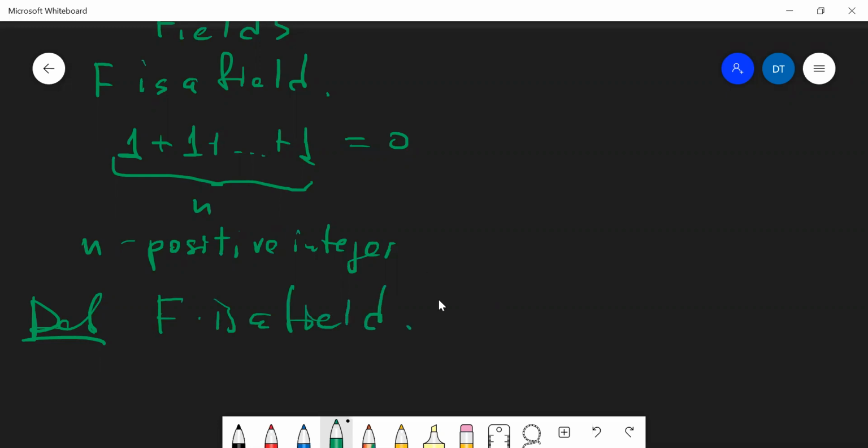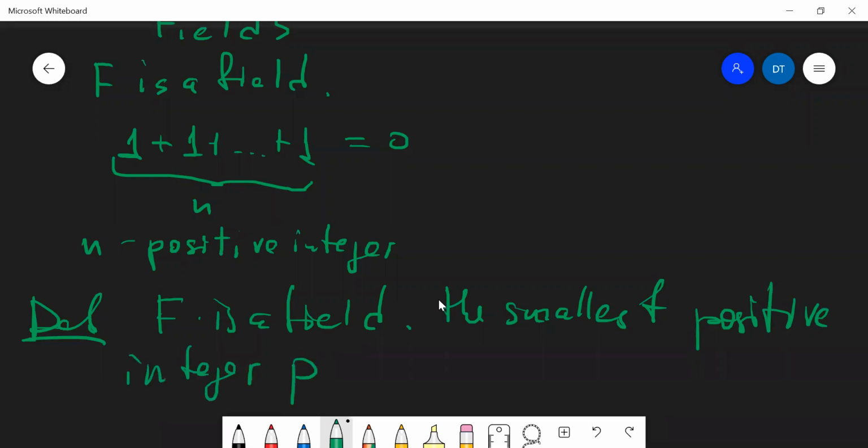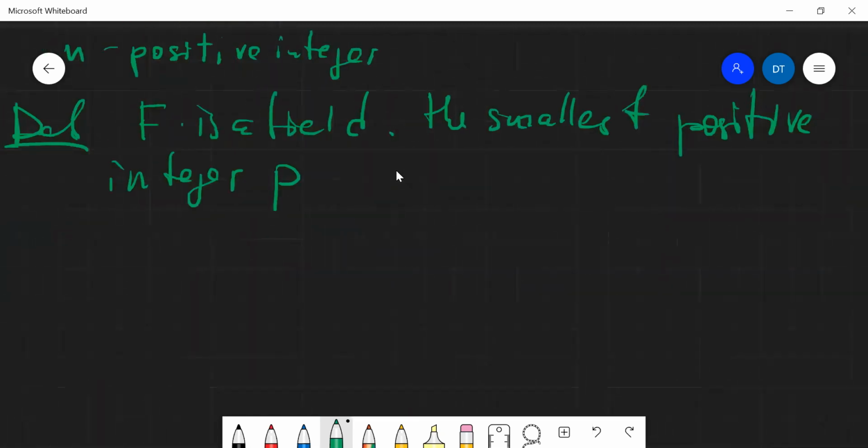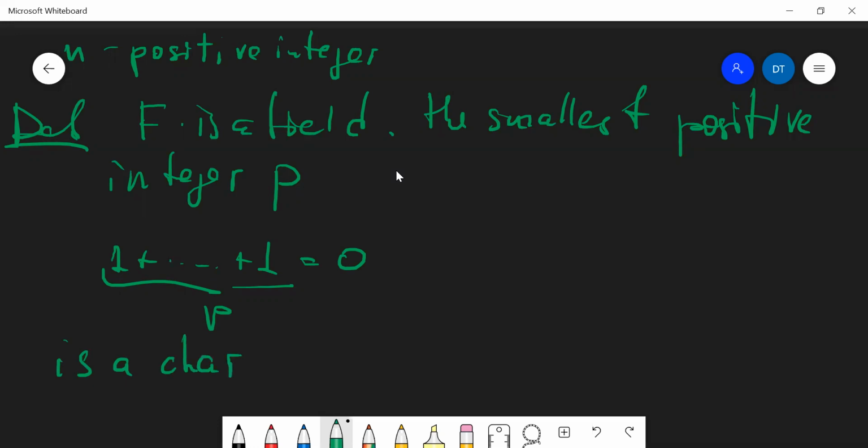Then the smallest positive integer p such that 1 plus etc. plus 1, p times, equals 0 is called the characteristic of the field F. And if the field does not have a characteristic, we say that its characteristic is infinite, or?